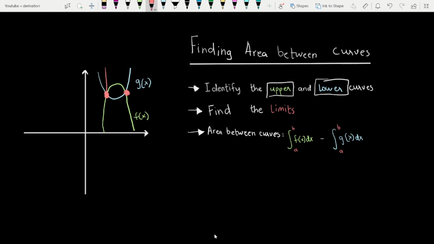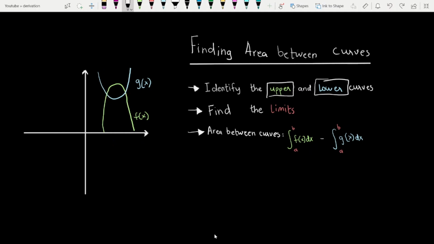Now if I extend these 2 points, I can see that my upper curve is going to have this area right over here, and my lower curve is going to have this area right over here. And then I can subtract both of these areas, and I will get that trapped area I want up there. So I've identified my upper curve, and I've also identified my limits.